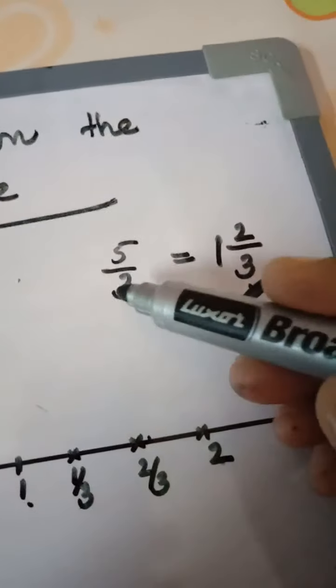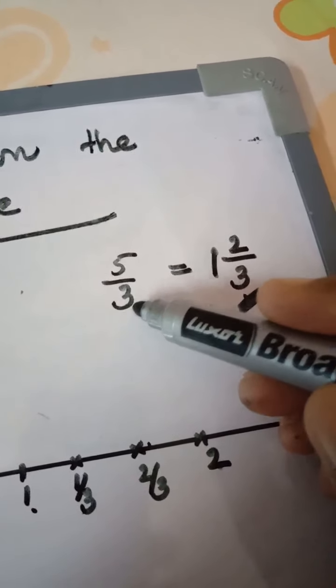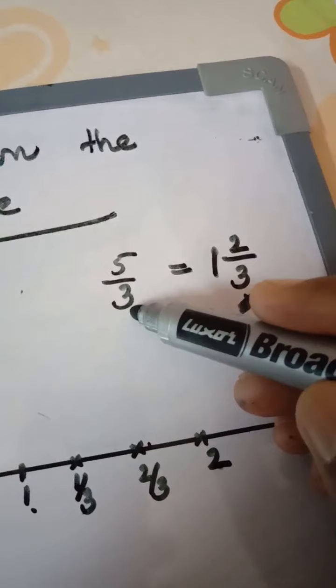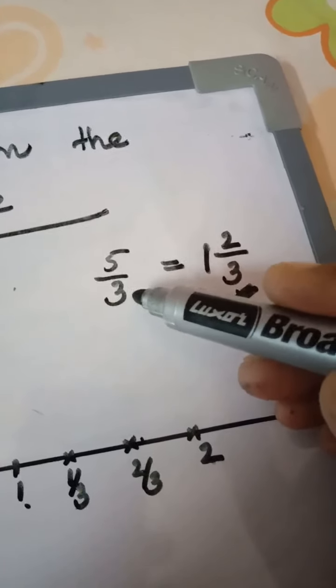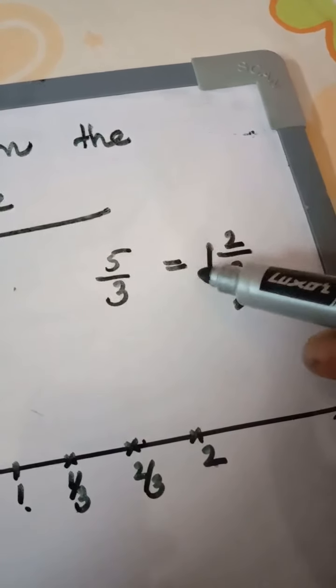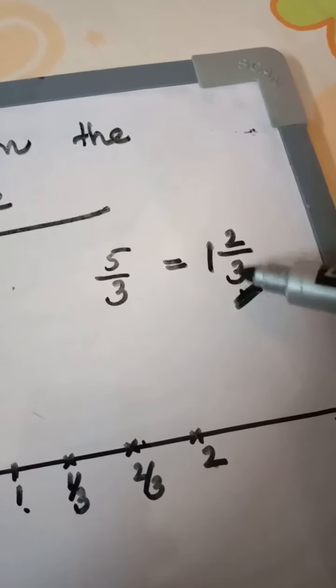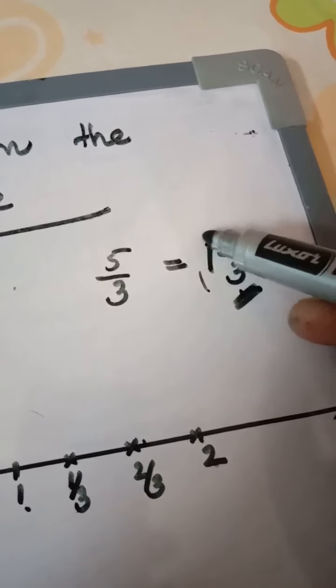We are going to represent the rational number 5 upon 3 on the number line. And we know that for 5 upon 3, the denominator 3 is less than the numerator. So in that case we have to change it into a mixed number. So 5 upon 3 can be written as 1, 2 upon 3. Now to represent this on the number line, we can see that the whole number part is 1.